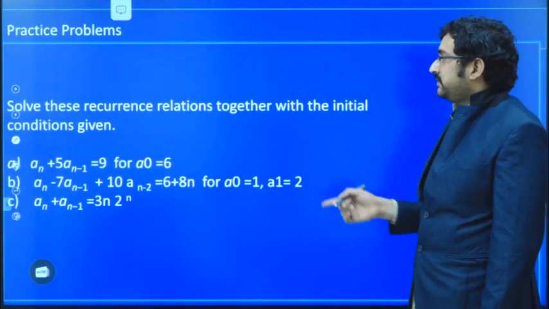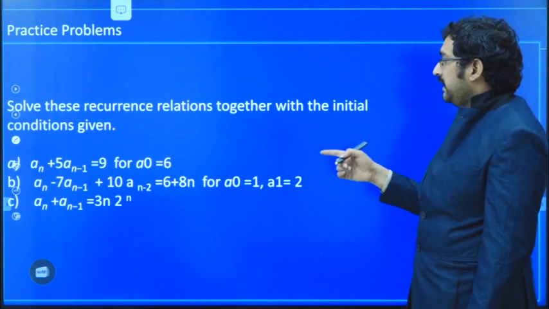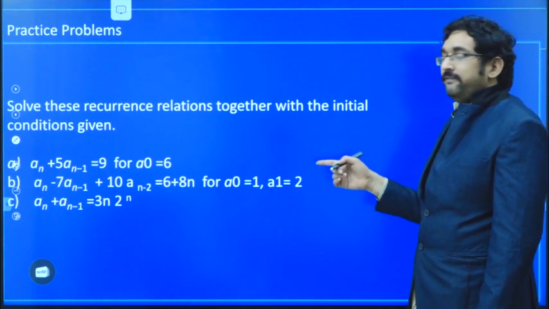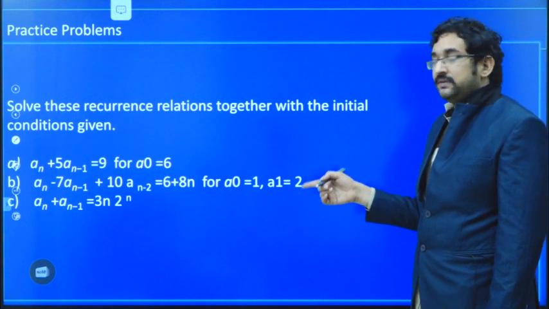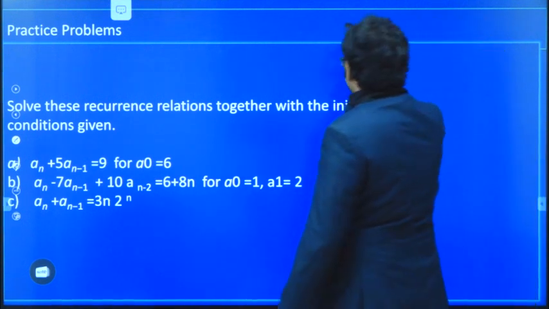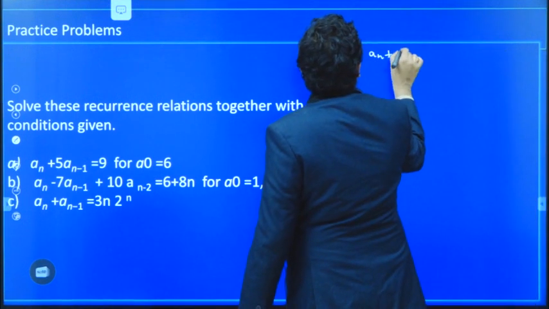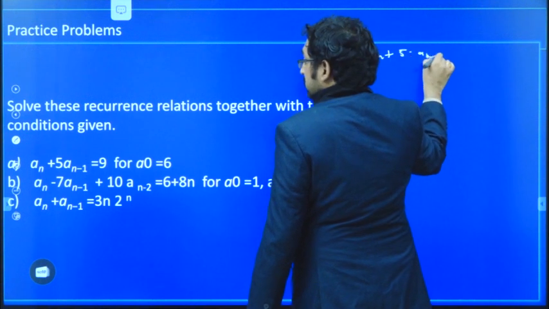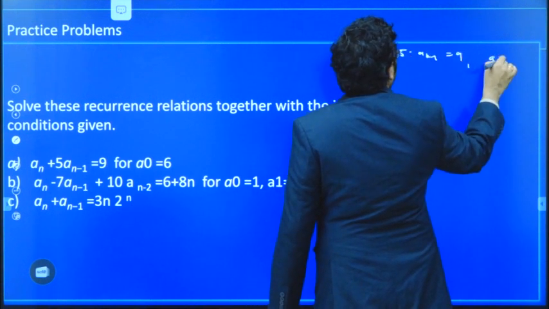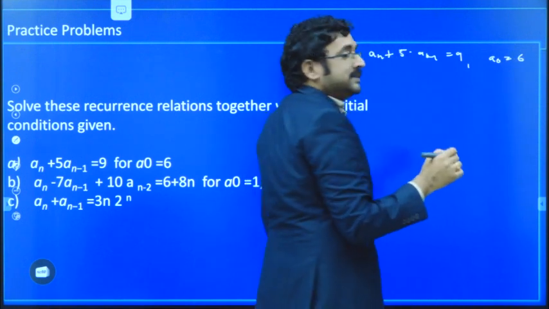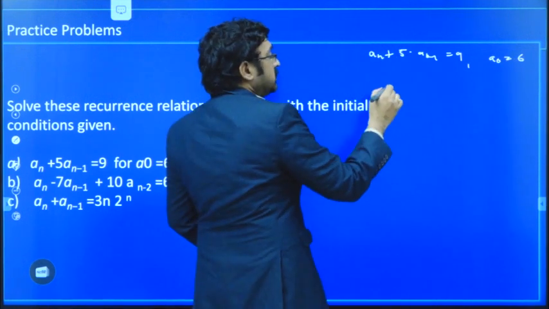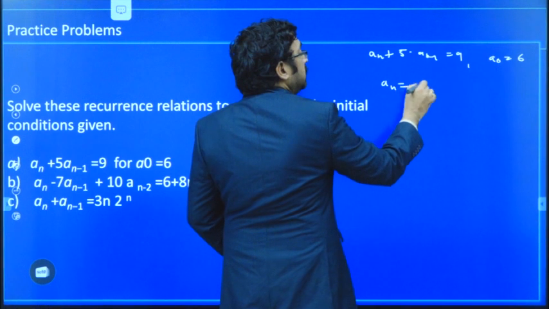We can do it. See the first one: an plus 5 into an minus 1 equal to 9 with initial condition a naught equal to 6. So first, what is the general solution?